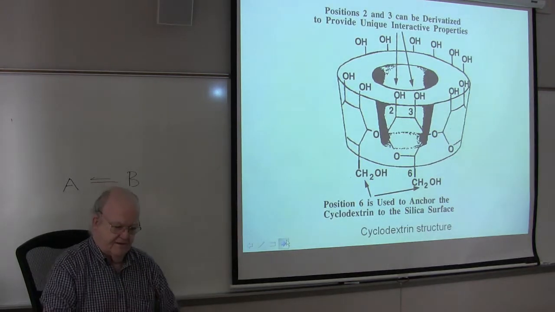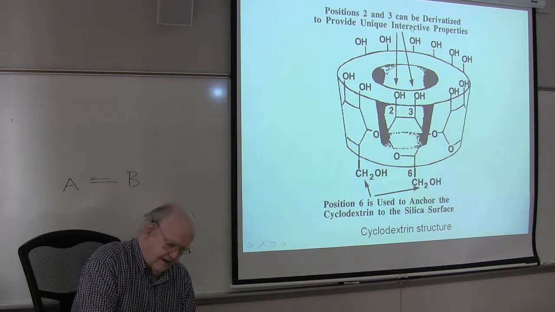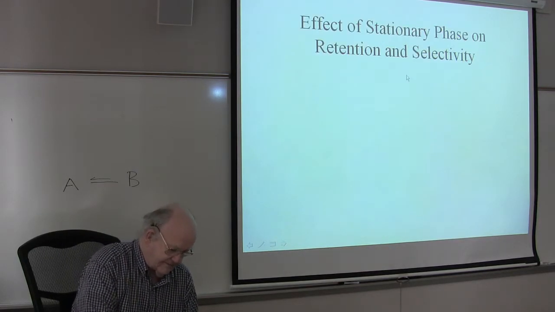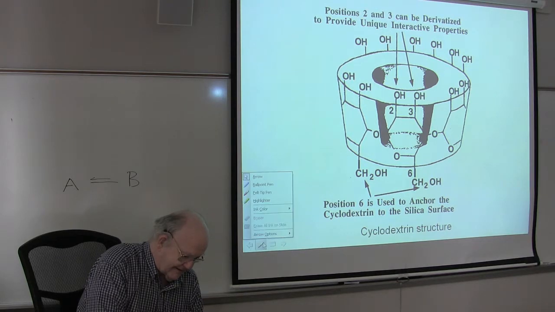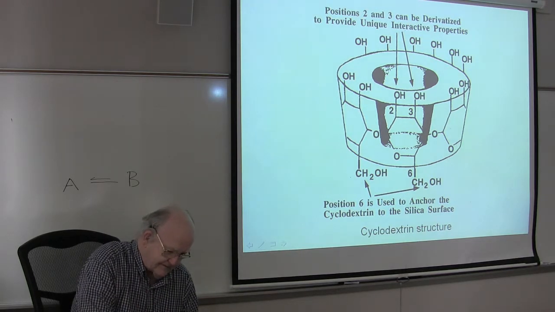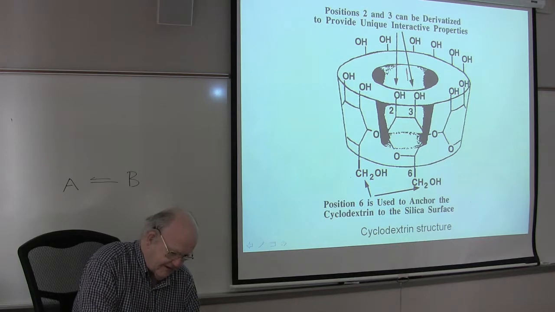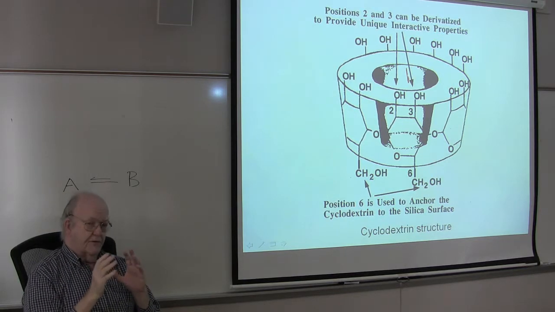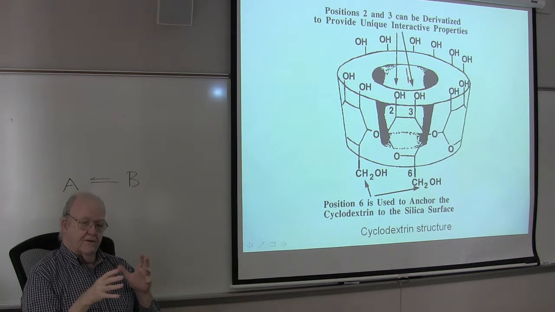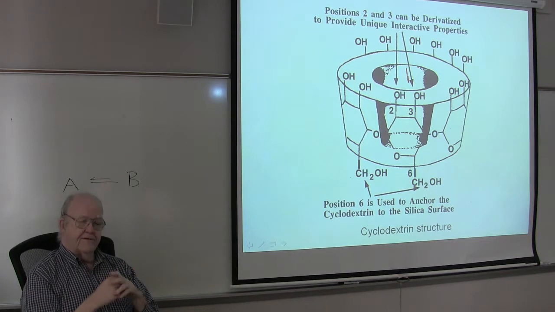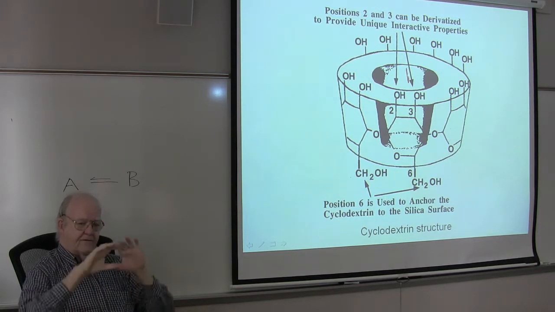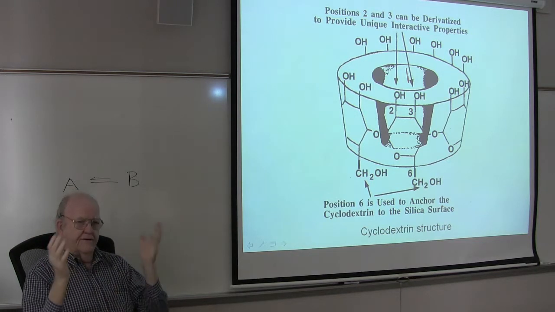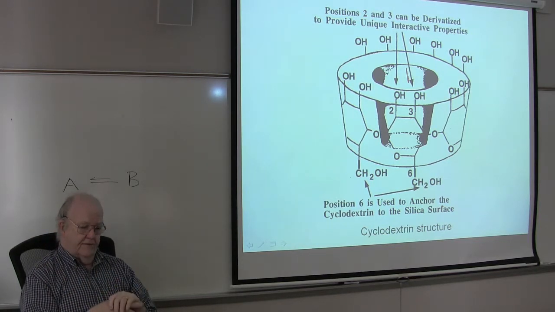To form a cavity, and your solute, if it's of the right size, can slip down into this cavity, either entirely or partially, and form a pretty strong complex with this cyclodextrin molecule. There are 3 kinds of cyclodextrins: alpha, beta, and gamma, 5, 6, and 7-membered rings. And you choose them depending upon how big your molecule is.